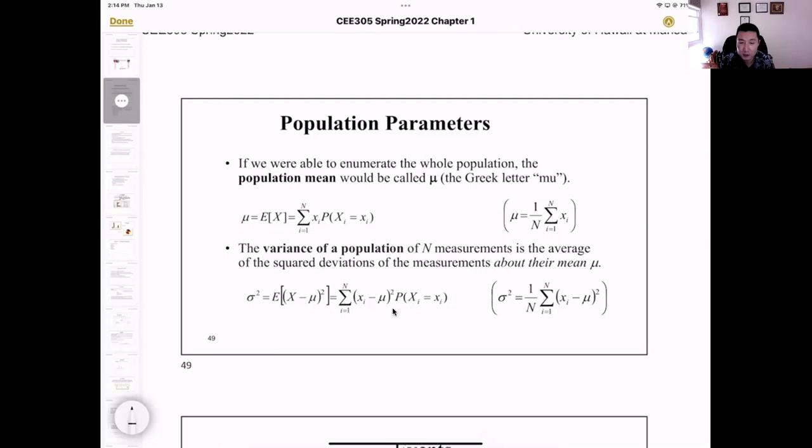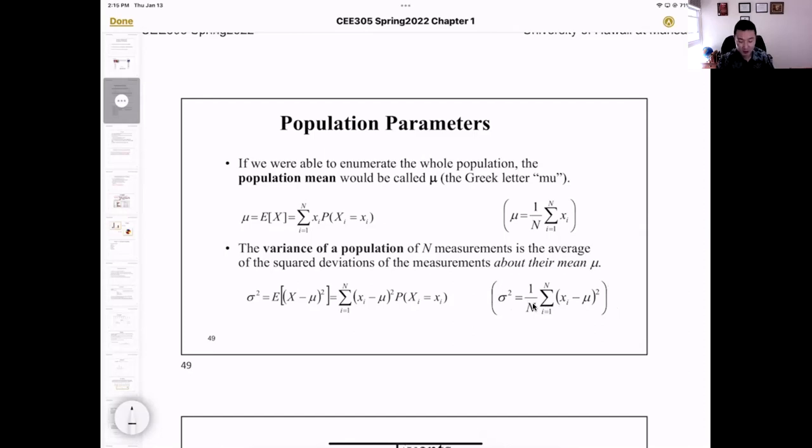We can use this equation, where P is the probability for X equal to a certain value. If it's an equally likely event, we simplify the equation into the one on the lower right: sigma squared is equal to the sum of (xi minus mu) squared divided by N, where mu is the population mean and capital N is the population size.